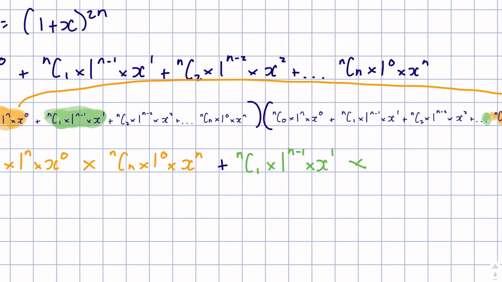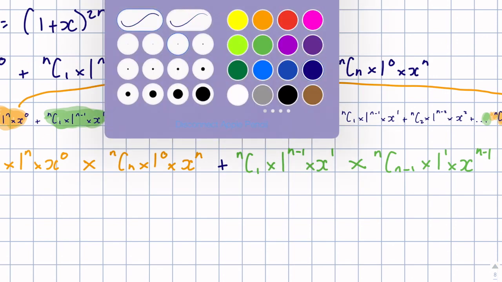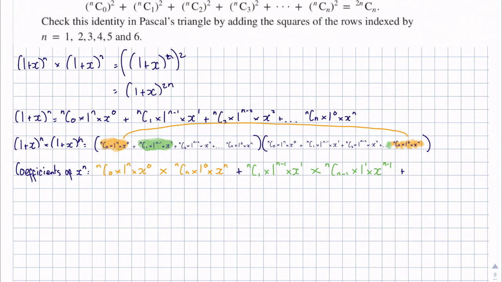And then we're timesing that by nC(n-1) times 1^1 times x^(n-1). And you would keep going.